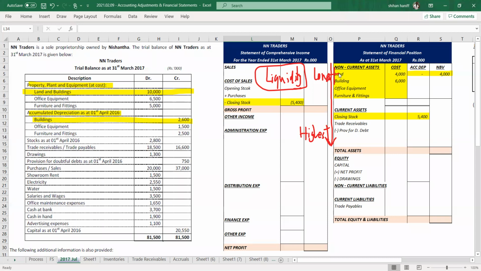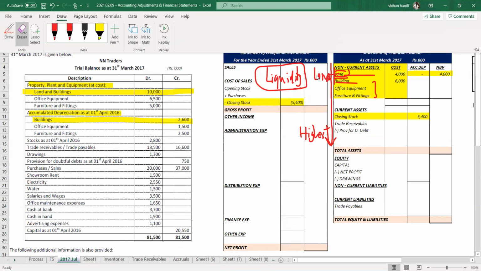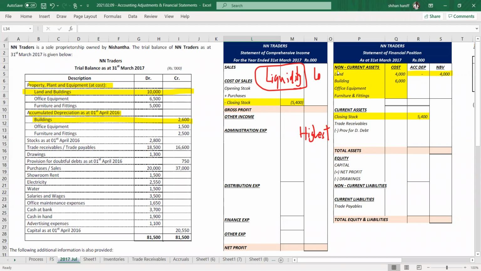So the lowest liquid asset is land. So always on the top you have to have the land, then building, then the machineries, office equipment, that these can change. But on the top you should have the land. So when it comes to non-current assets, the lowest liquid asset is the land. After land and building, you can write the motor vehicle, equipment, furniture, machineries.